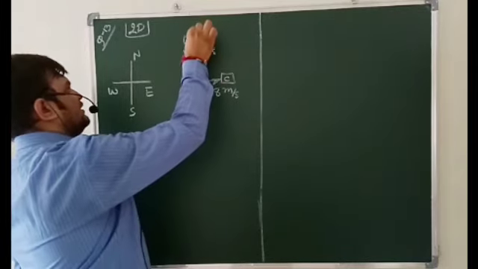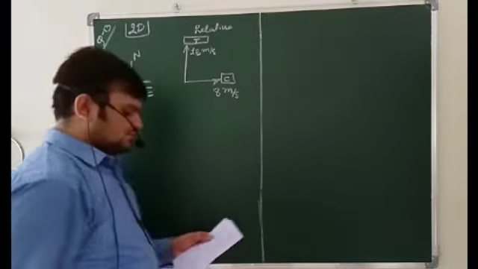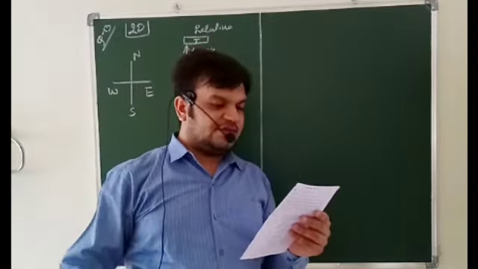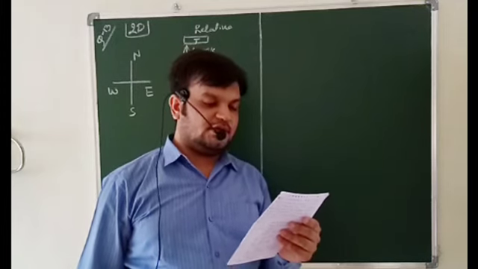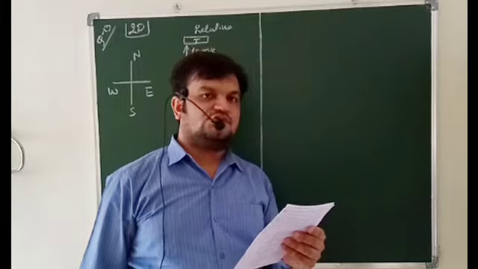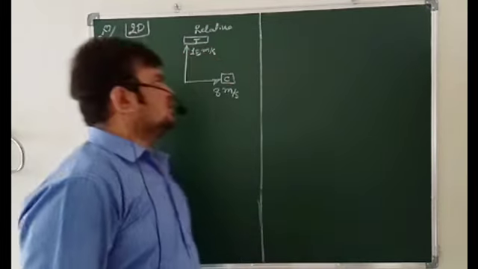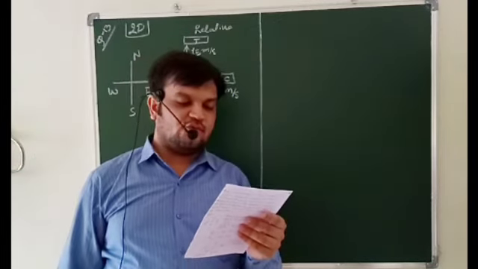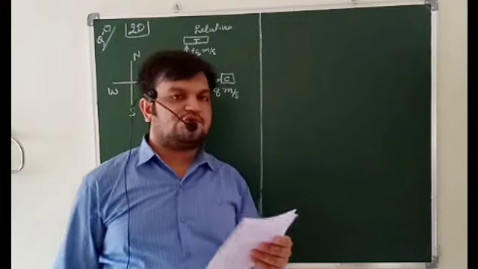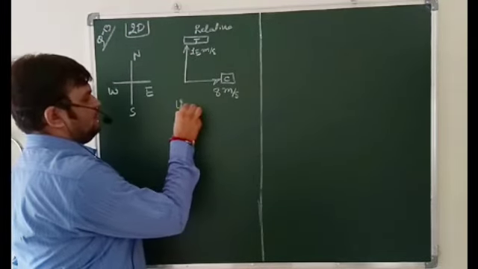So it is a relative velocity, because to the passengers in the car, the train appears to be moving in the northward direction. From the perspective of the passenger, it becomes relative. So ultimately we have to find the actual velocity of the train.